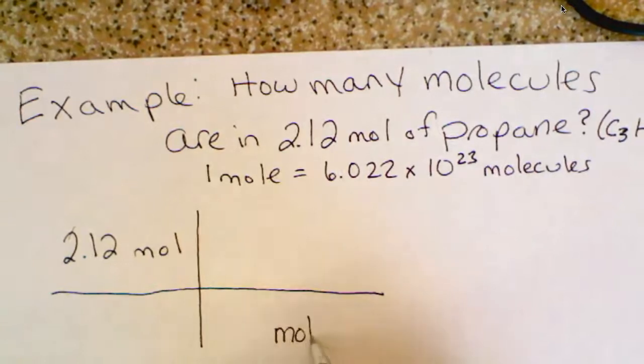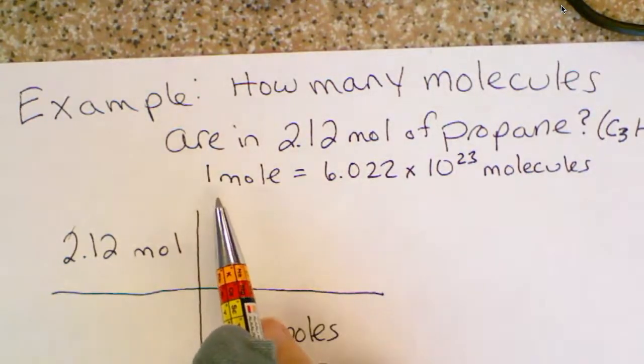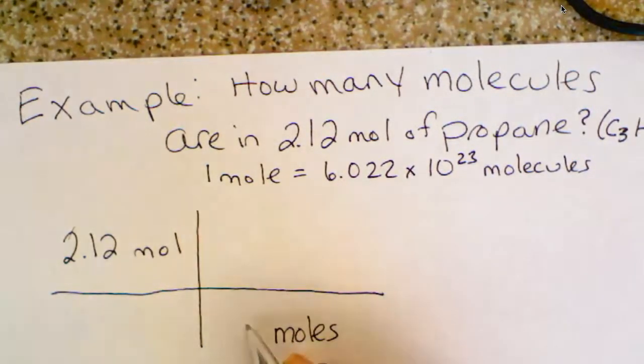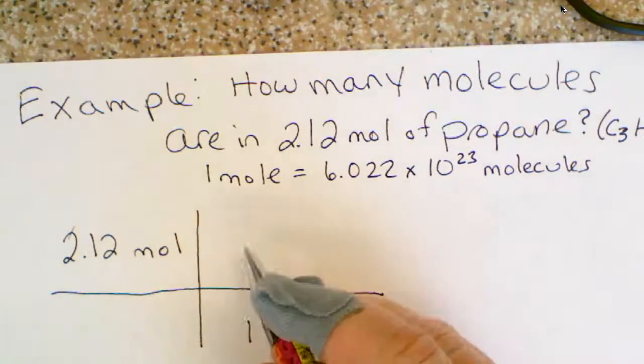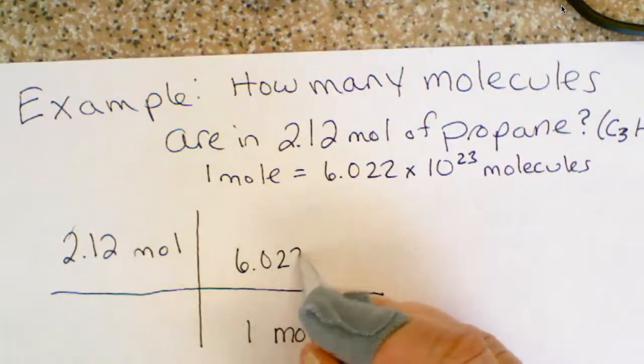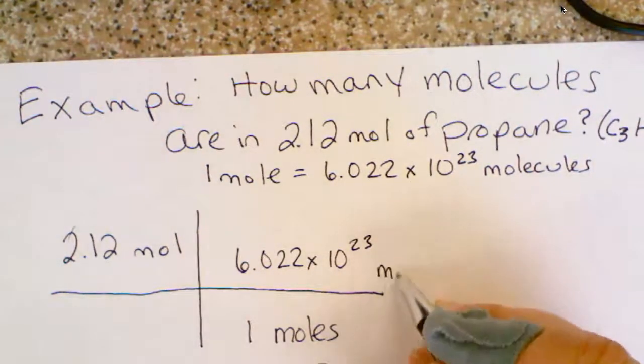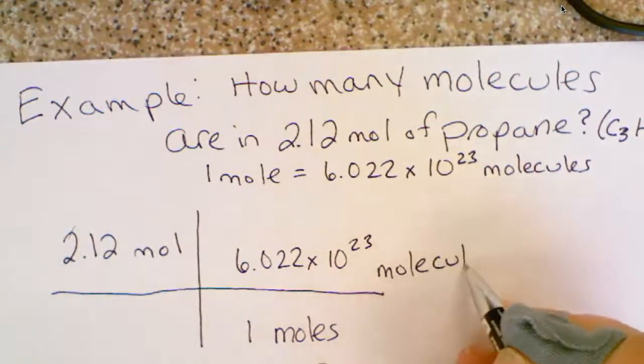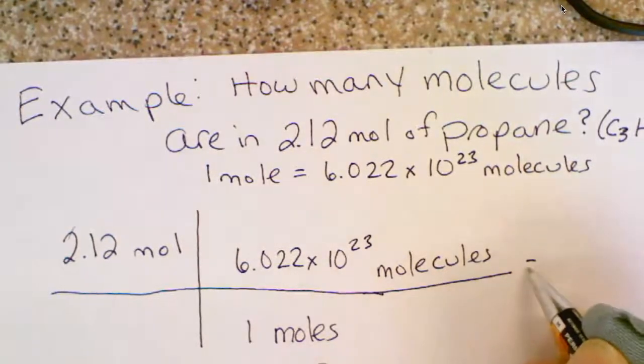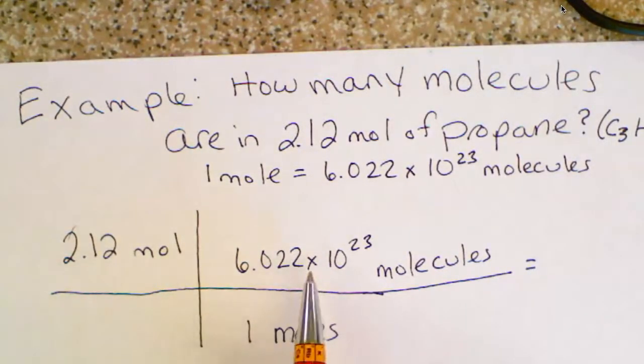Moles. And according to our conversion factor, it's always 1 with the moles. So 1 mole, 6.022 times 10 to the 23 molecules. All right, we're going to multiply across the top, and we're going to divide by what's on the bottom.